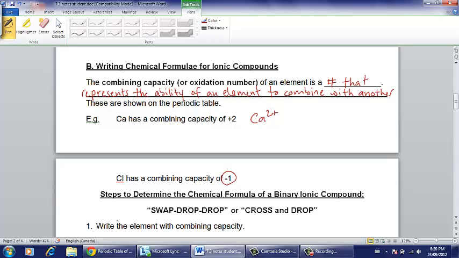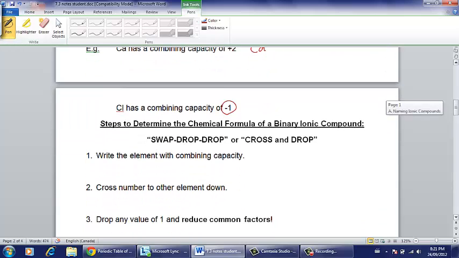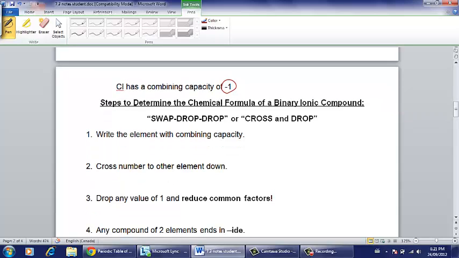We're going to look at the steps that are needed to determine the chemical formula of a binary ionic compound. Sometimes this is called the swap and drop rule or the cross and drop rule. The first thing to do is to write the element with the combining capacity. So we said that calcium had a combining capacity of 2 plus and chlorine was 1 negative.